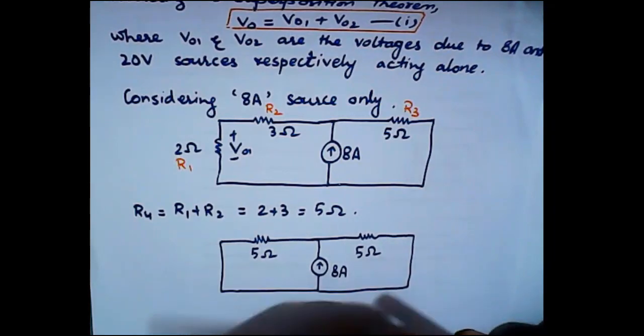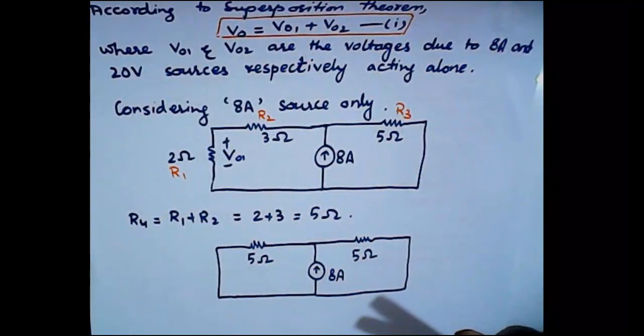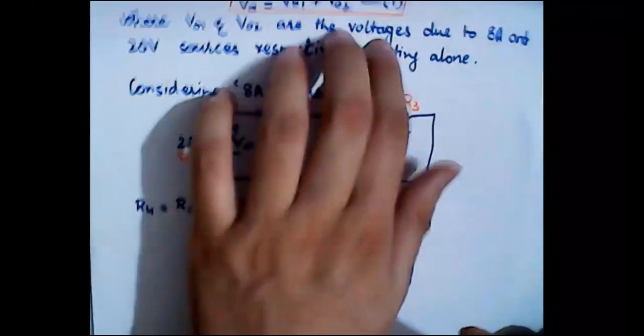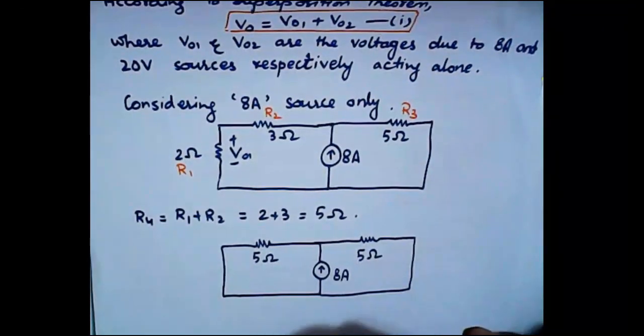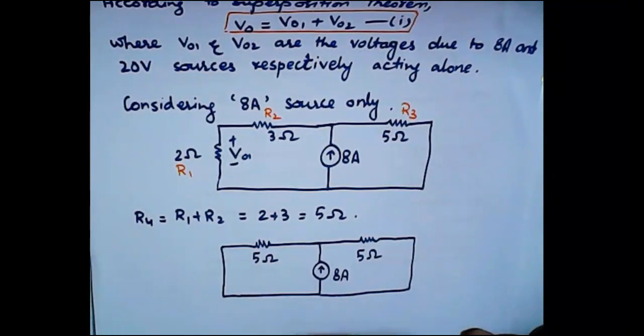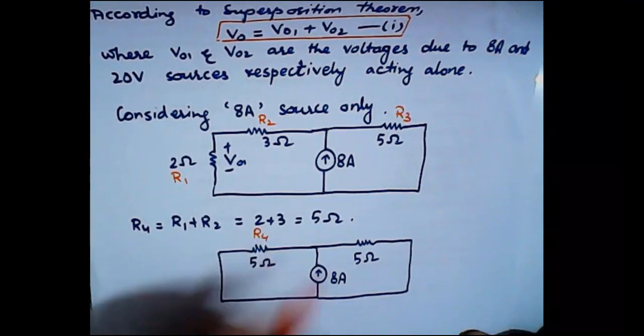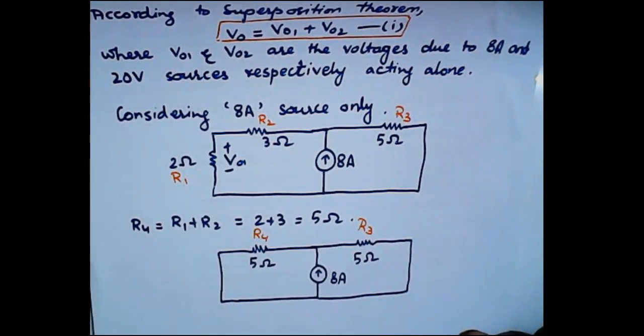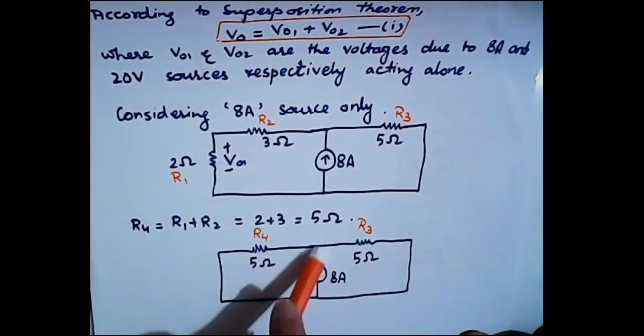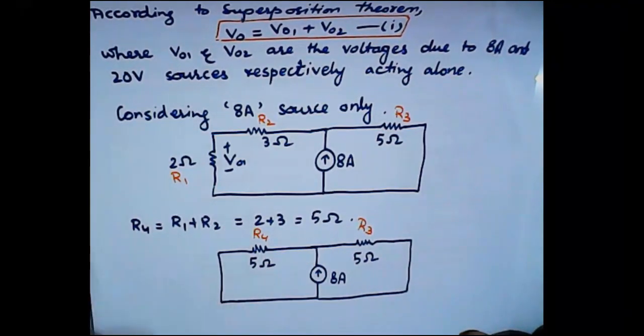So it will be 8 amperes, and we have now named this one as R4, and this one is R3. Now you can clearly see that R4 and R3 are parallel. Why? Because they share two common nodes. This is the first common node and this is the second common node. So since they are in parallel, we can apply CDR, right?